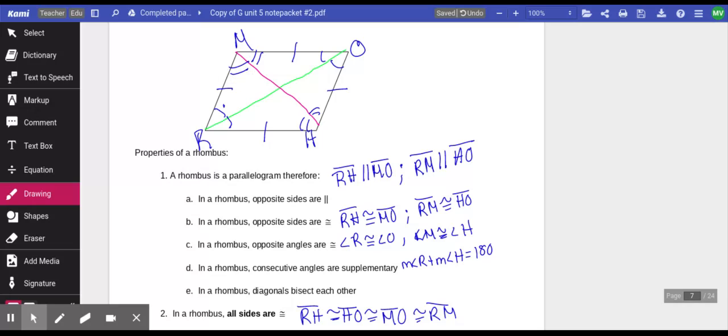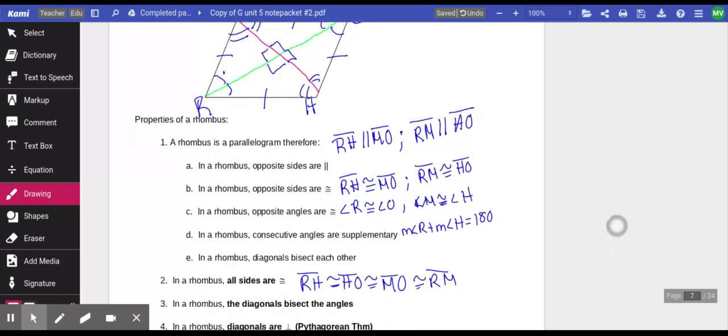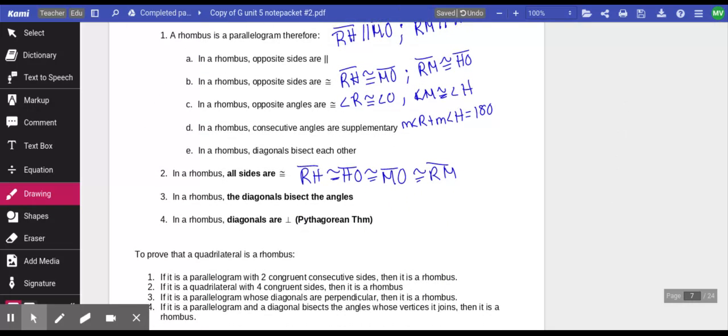And last but not least, the coolest thing that we're going to use the most is that the diagonals are perpendicular. So there's a right angle here. All these are right angles. So RO is perpendicular to MH, which means we can use the Pythagorean theorem.